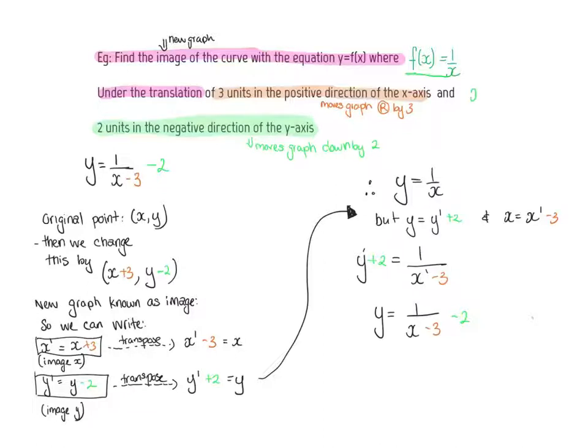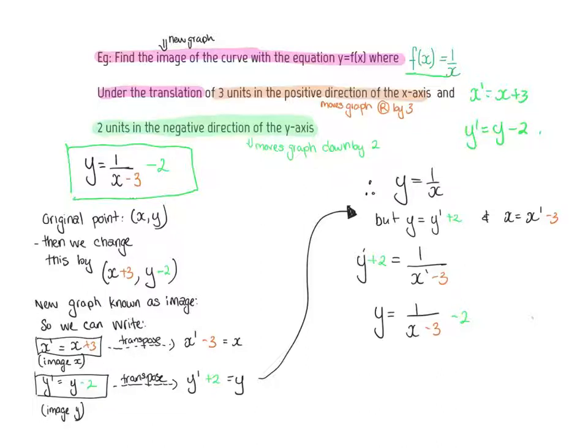If we were thinking of the image of x, it'll be x plus 3, and the y has been y minus 2. We could just set that equation up normally. For 1 over x, if we want to move the graph to the right, we say minus 3, and if we want to move it down, we say minus 2. So we can do that like that.